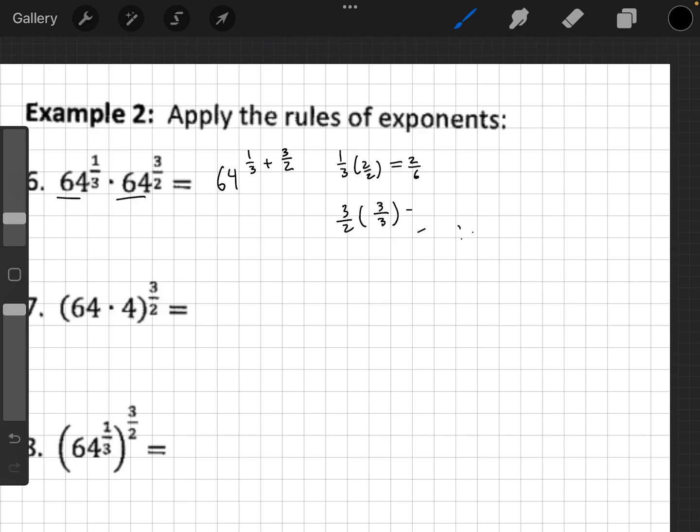We can multiply by 3 over 3, which equals 9 over 6. So now that we've simplified these, we take 64 to the power of 2 over 6 plus 9 over 6 equals 64 to the power of 11 over 6.